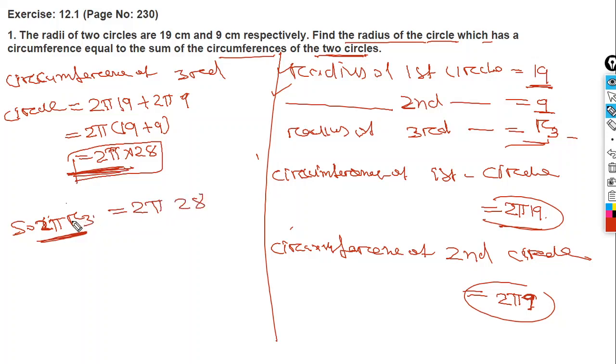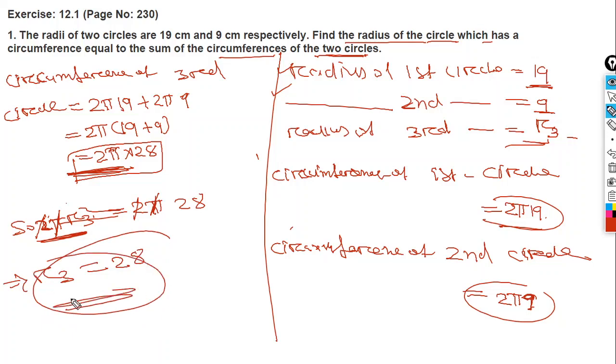Now 2 cancels, pi and pi will also be cancelled, implies R3 is equal to 28. So you got the value of R3, which is the radius of the third circle, is 28.